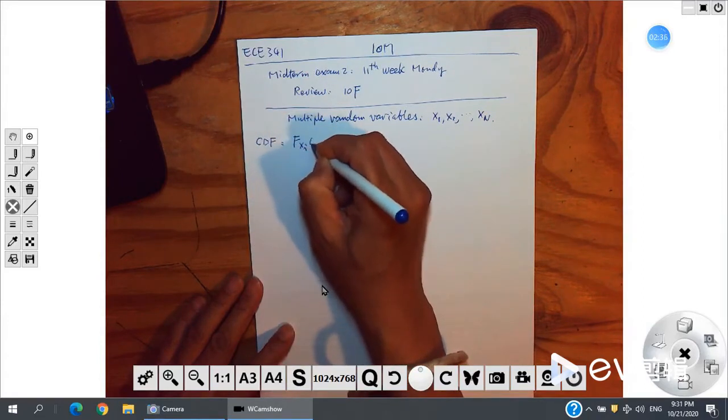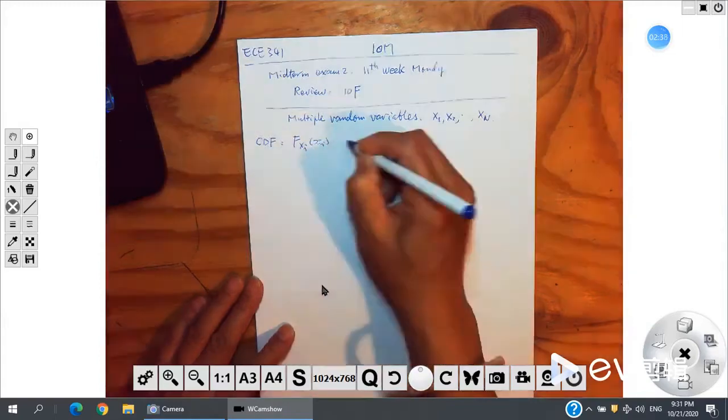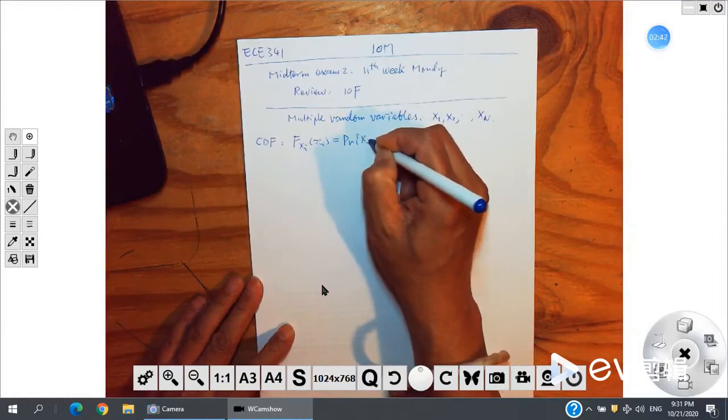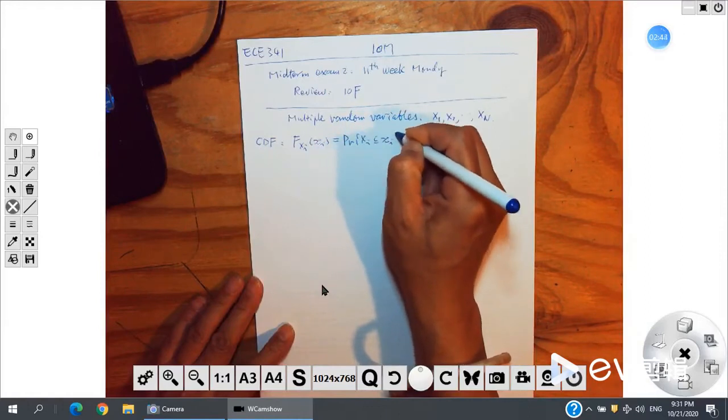Those are F_xi of xi, which is the probability of Xi no more than lowercase xi.